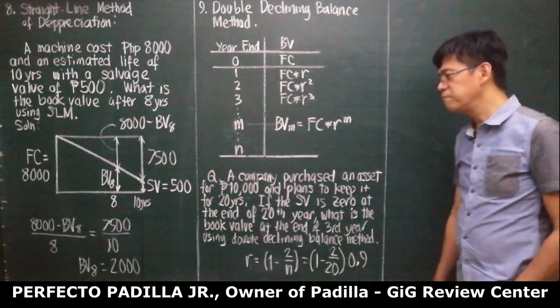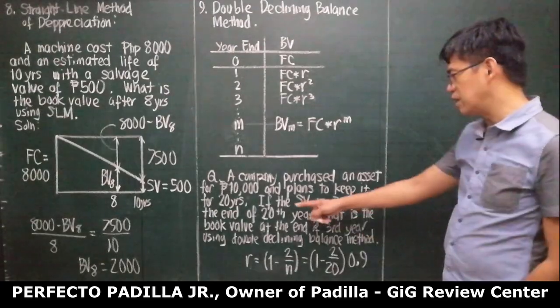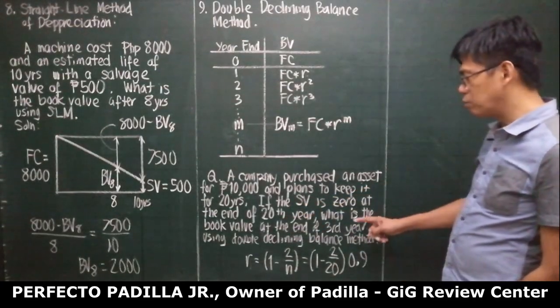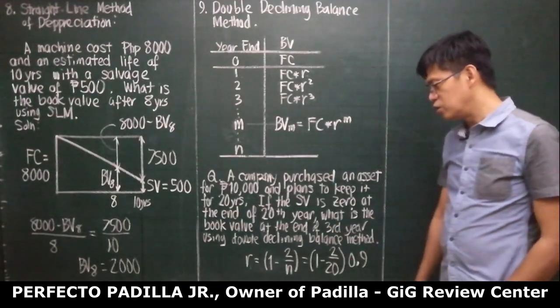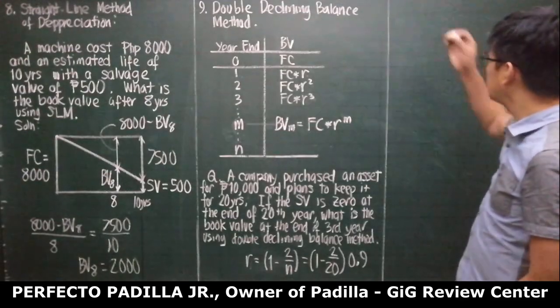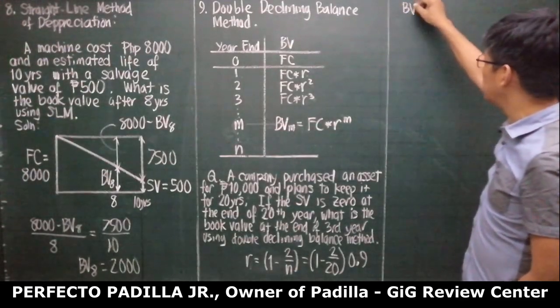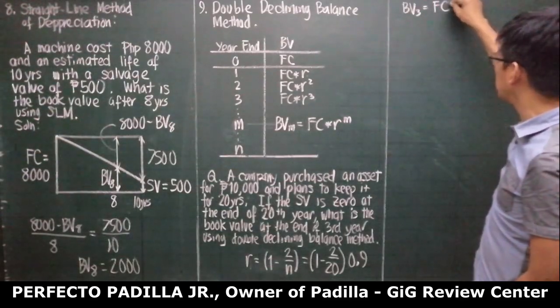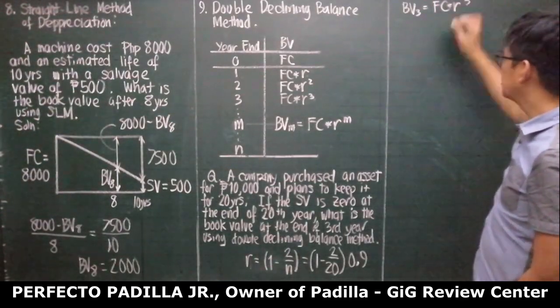No? Okay? Now, ang tinatanong is, if the salvage value is 0 at the end of 20th year, what is the book value at the end of third year using double declining balance method? So, using the double declining balance method, the BV3 must be the first cost times the common ratio raised to 3.